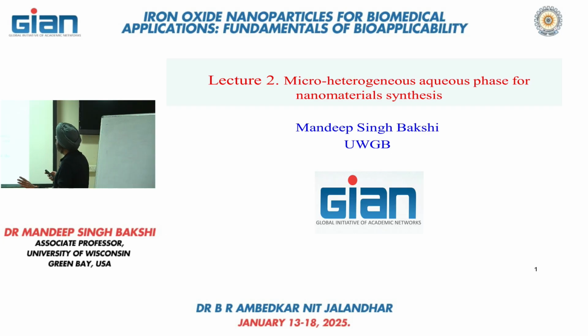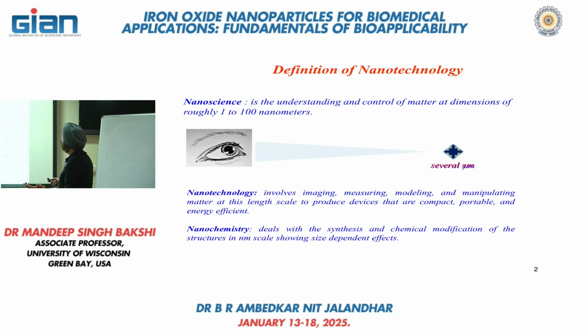Okay, so I begin with the definition of nanoscience. You already know that the dimensions of the particle reside between 1 to 100 nanometer. Most of the time, nanotechnology deals with such kind of objects.